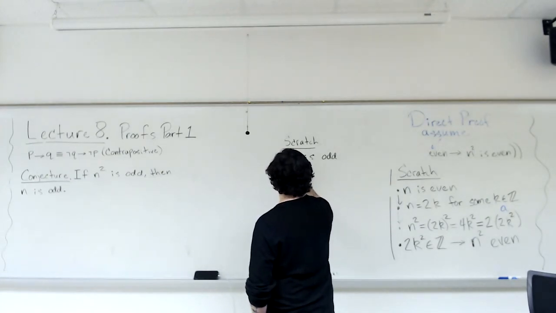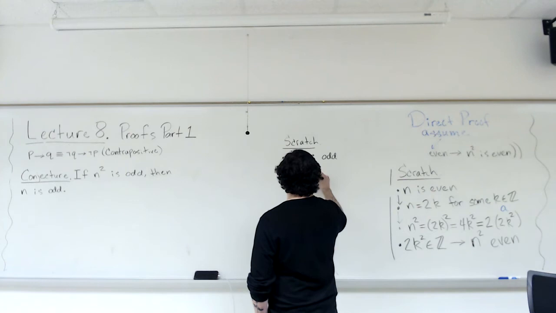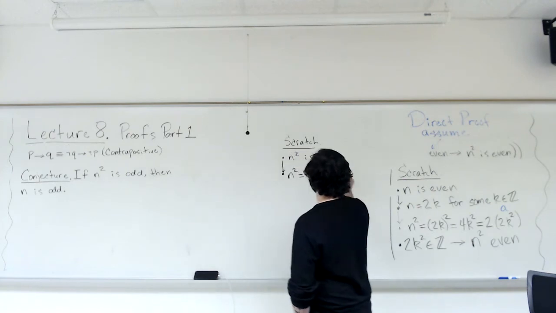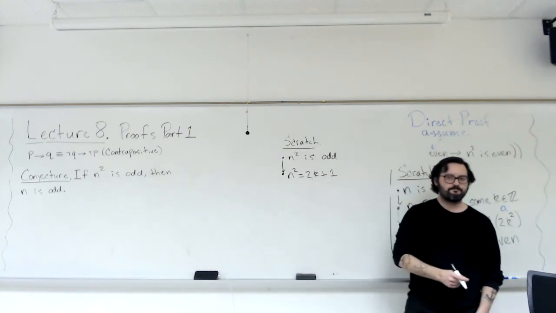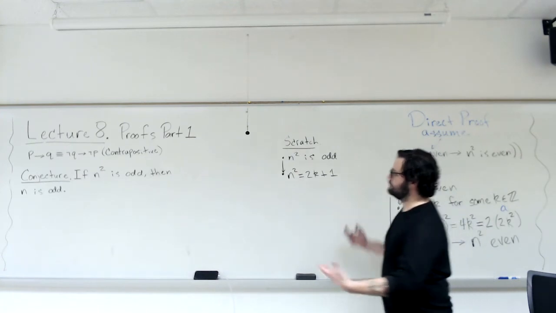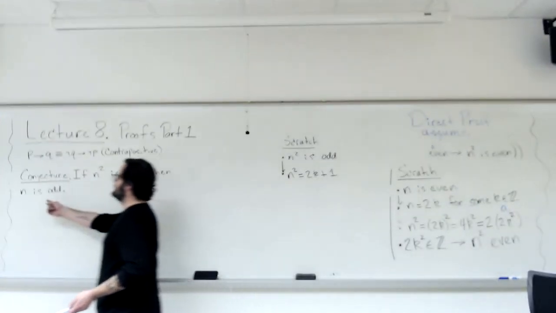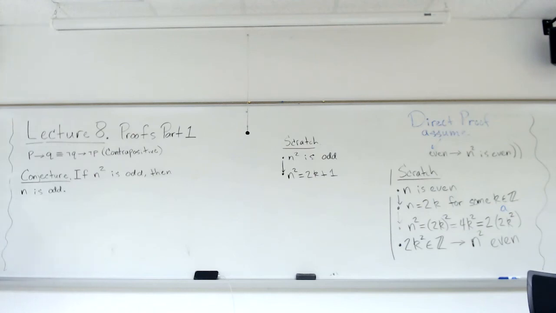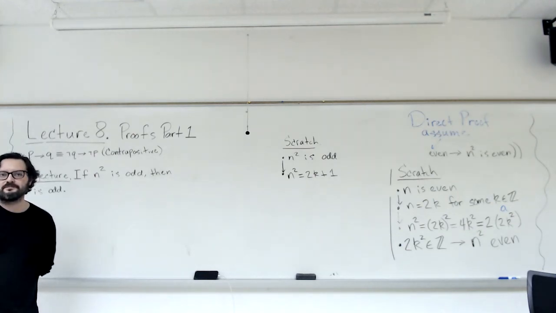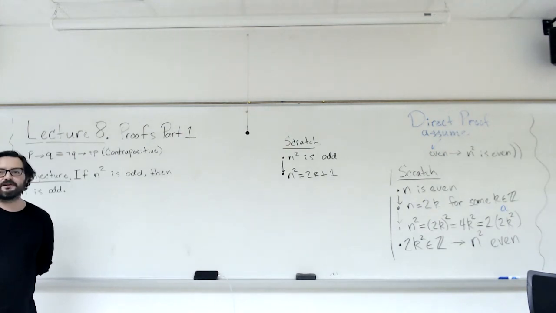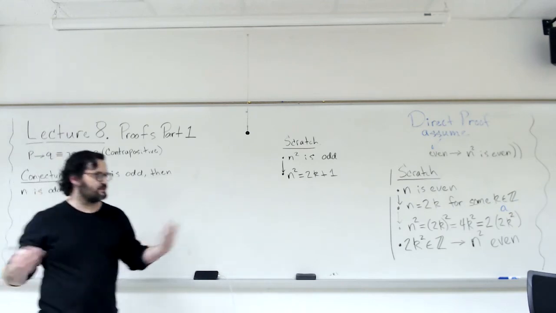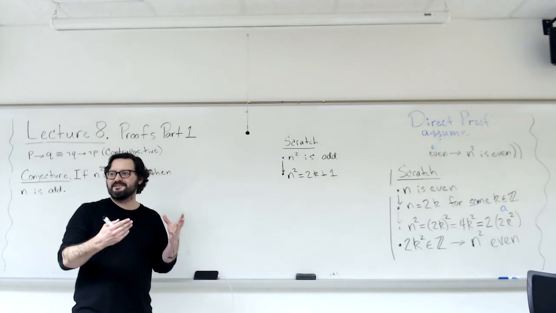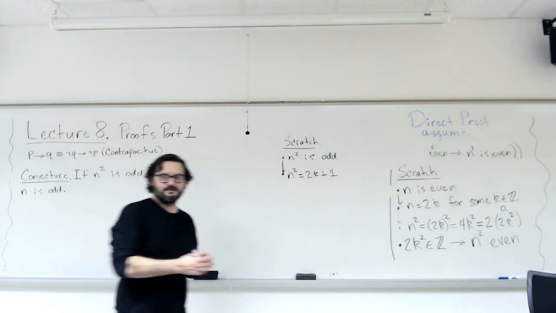So that means that n squared is equal to 2 times k plus 1 for some integer k. And then we look back to where we want to go. We want to show that n is odd. Can we show that n is odd from that? Maybe you would try to take the square root on both sides, but then you don't even know if you have an integer anymore, right? So we're kind of stuck.